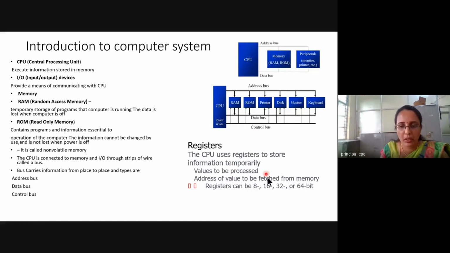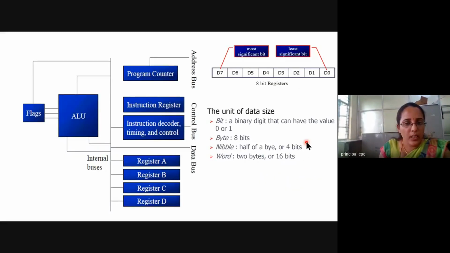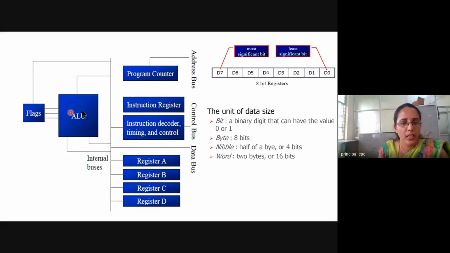Depending on the processor, a register size will be 8, 16, 32, or 64 bits. Inside the CPU, we will have blocks like ALU, flags, program counter, instruction register, instruction decoder, and timing control. Some registers are there.